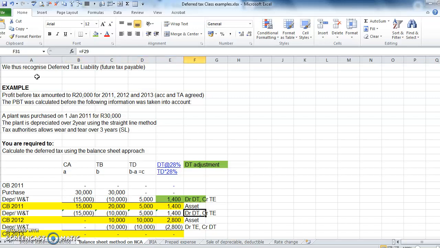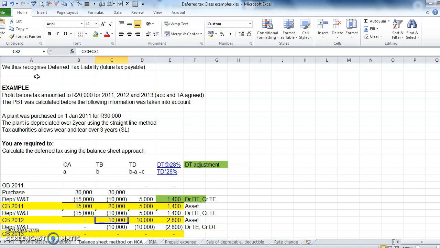Then in the second year, for 2012, our depreciation again is 15,000, remember, over 2 years. Our wear and tear is 10,000. So the closing balance of our asset at the end of 2012 is 0. We've fully depreciated the asset.